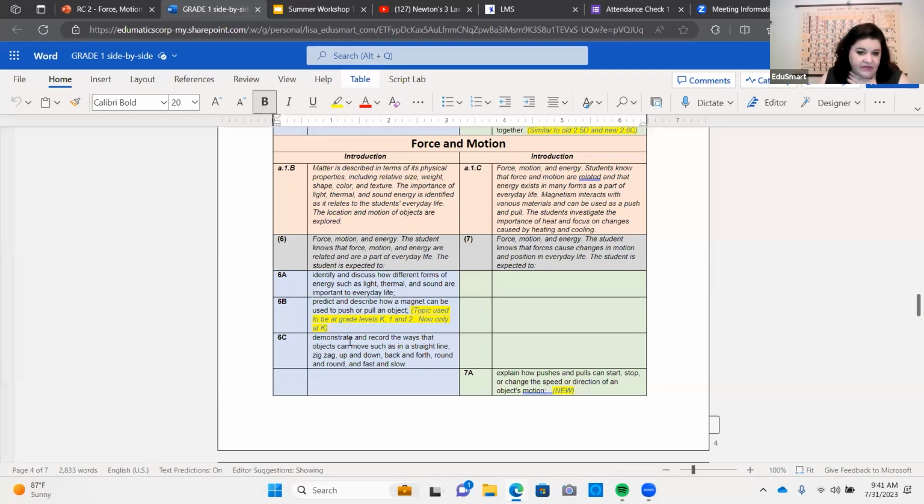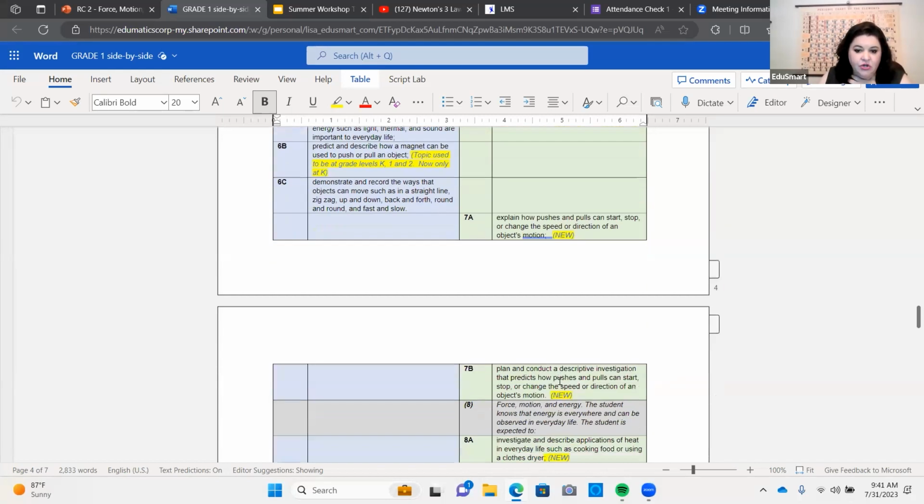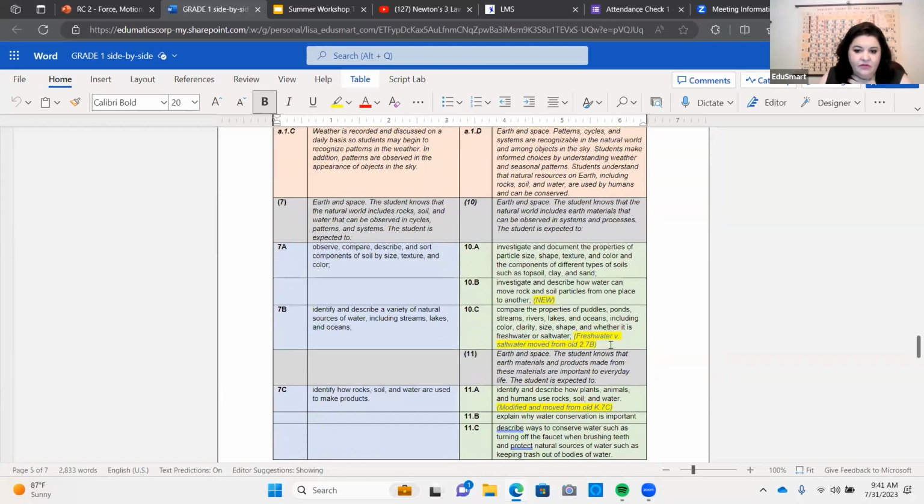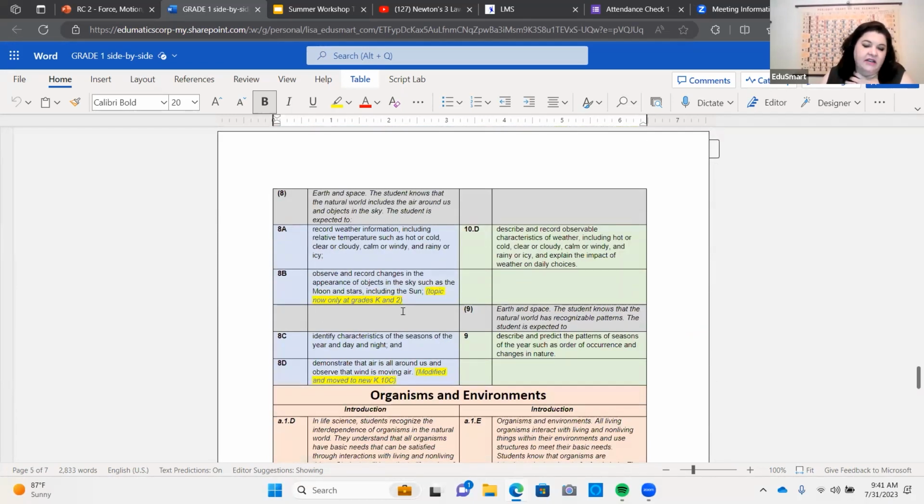So blue is the 2017 streamlined, green is the new standards, and you can see where everything went, what is actually new, and then it highlights exactly what is changing, so it gives you that information.